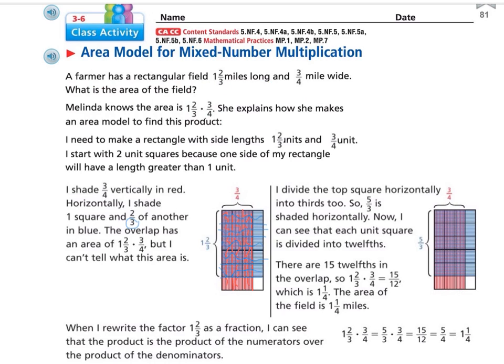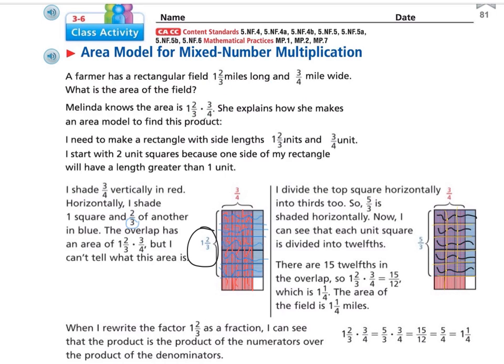Okay, so it's hard to tell what this area is because you need to get this 1 2/3 down to a more manageable piece. So you see here you've got 5/3. So you've got 1, 2, 3, 4, 5. And I'm going to take a yellow here and see if you can see where she marked it up into thirds. So here's 1/3, here's 2/3, here's 3/3.